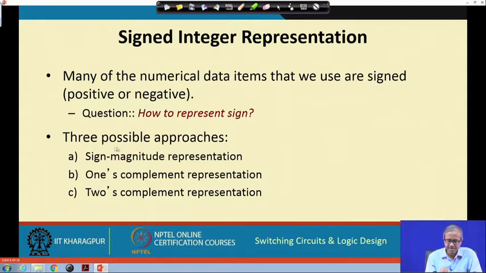There are 3 broad approaches used in practice to represent sign. These are called sign magnitude, 1's complement and 2's complement representations. We shall explain these 3 representations one by one. These are all used to represent signed numbers, numbers which are both positive and negative.